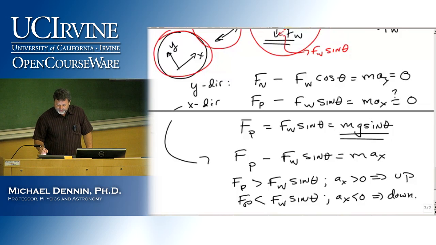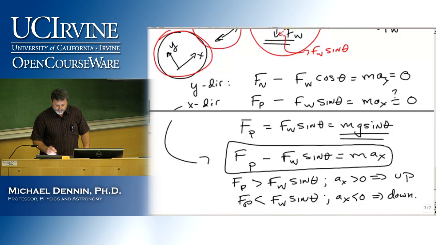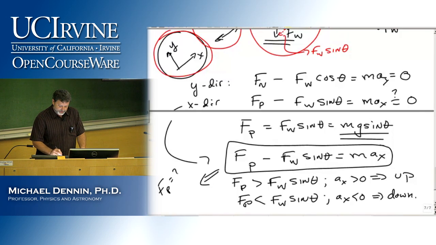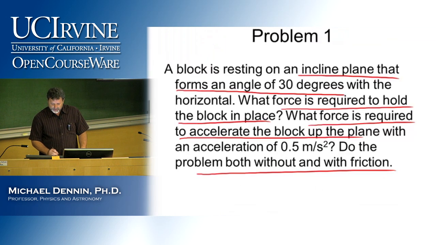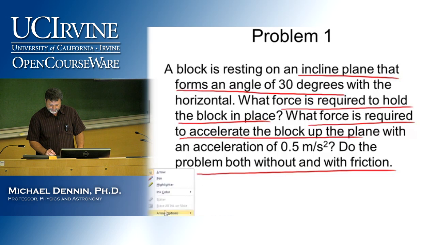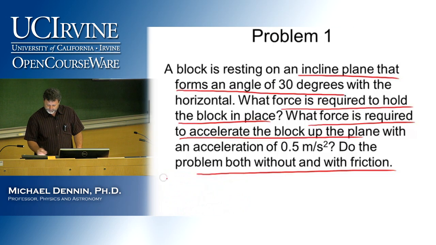So I can use this right away to answer the second question: how much must pushing be for a to be 0.5 meters per second squared. Right?